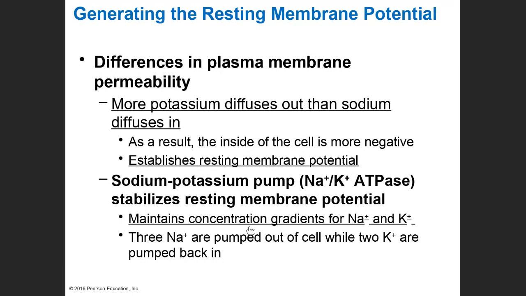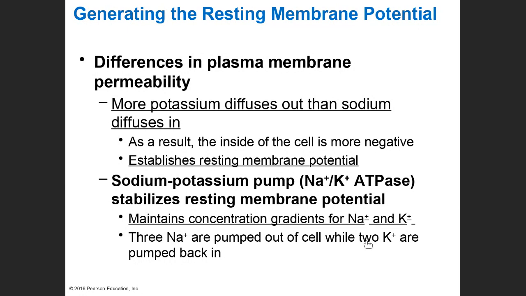All right, so reminder on this sodium-potassium pump, what is it doing? It's pumping 3 sodium out of the cell and bringing 2 potassium in. This helps explain why we have a higher concentration of sodium outside the cell at rest because we're taking more sodium out.